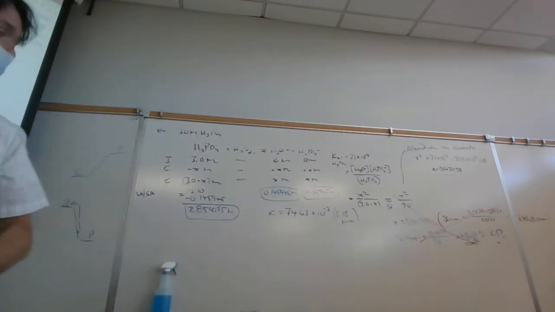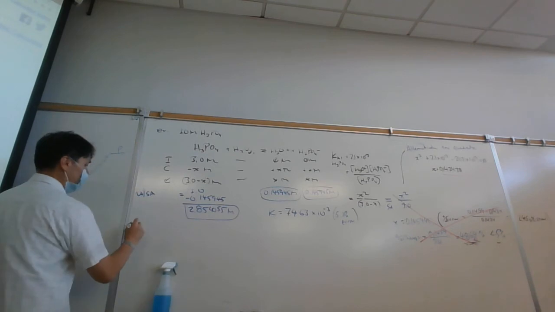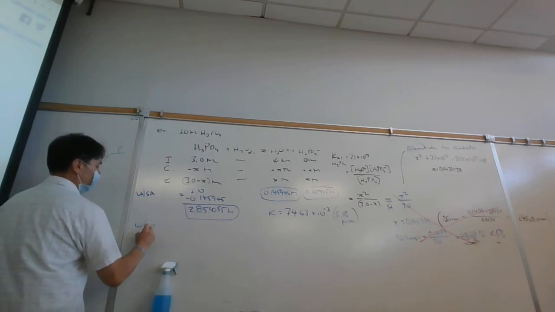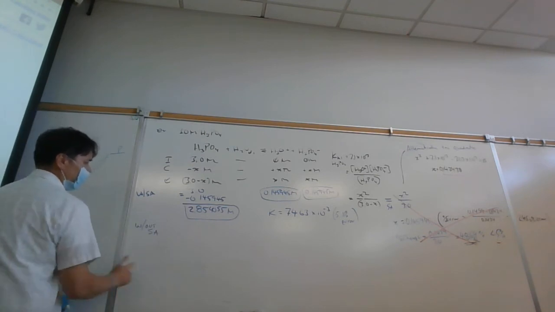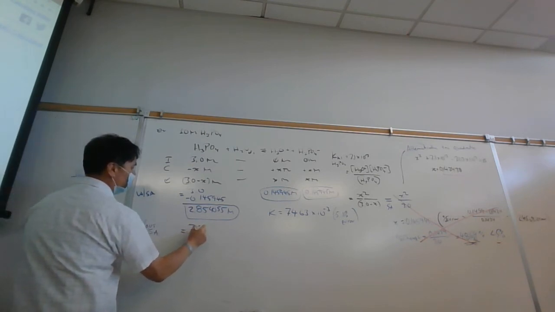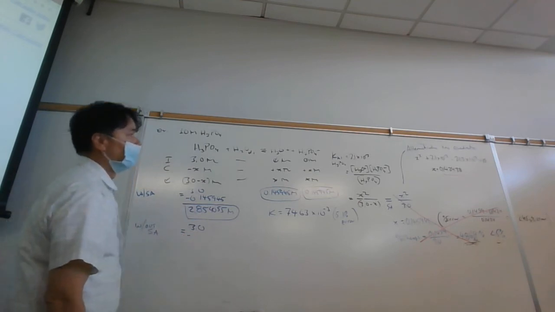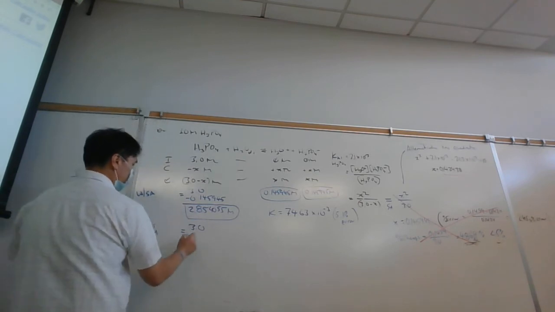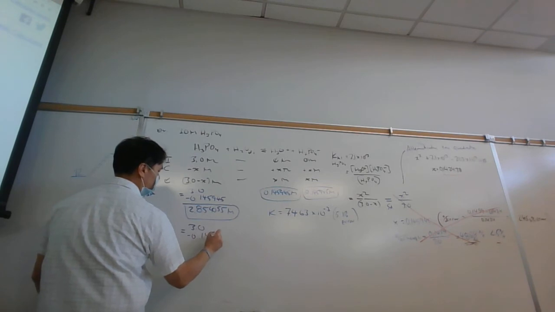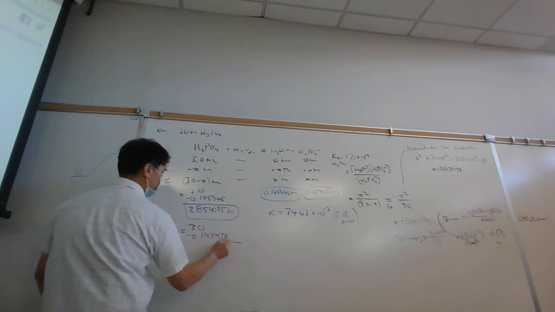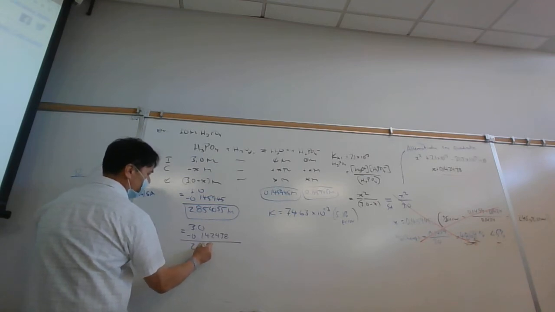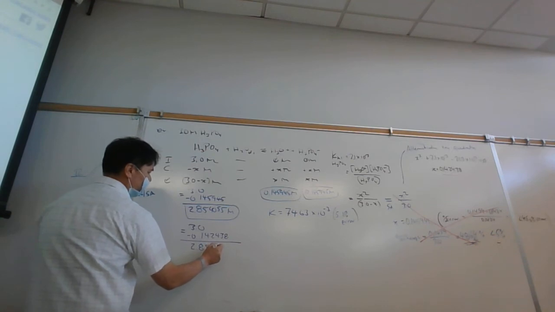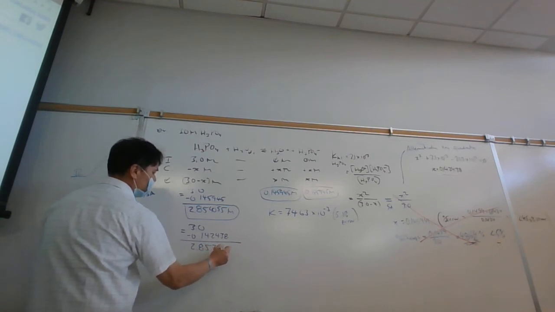Now, without the simplifying assumption, what are the concentrations that we calculate? Without the simplifying assumption, I'm going to get 3.0 minus 0.142438, which is going to be equal to 2.857562.